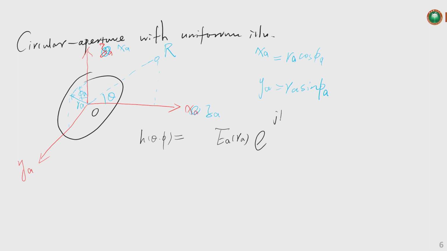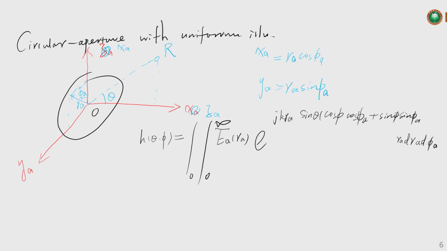So it's e to the j k RA sin theta times cosine of phi A plus sin phi, and also dRA dphi A. So here RA is from 0 to infinity, phi is from 0 to pi.